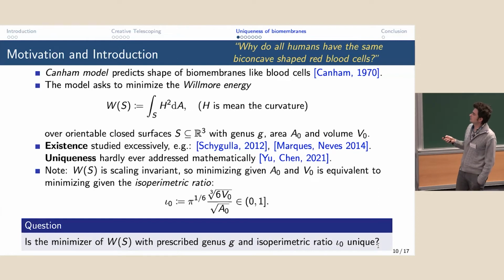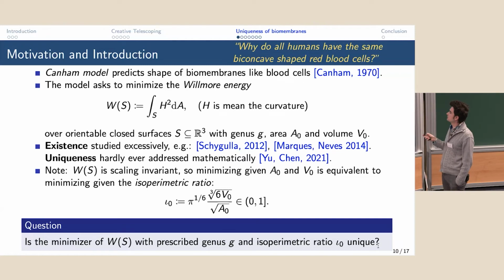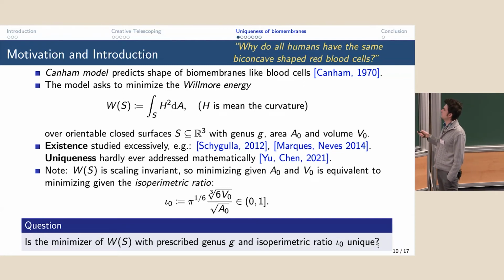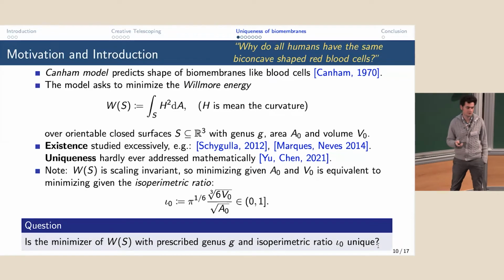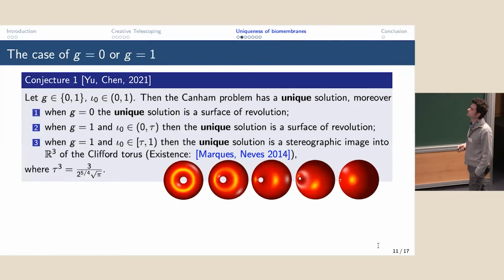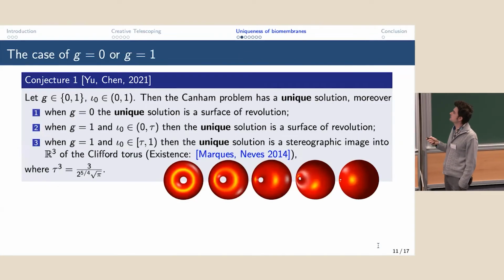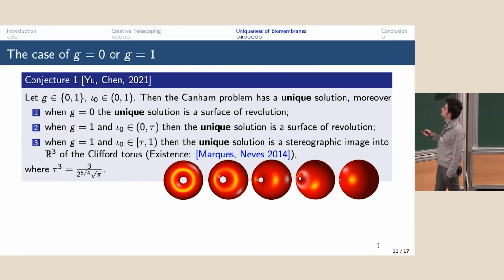Now regarding uniqueness, there was this question: for which genus g and isoperimetric ratio is the minimizer unique, so the surface unique, so to say. And this was formulated in this conjecture very recently, which I find very nice. For the genus 0 and genus 1 case and the isoperimetric ratio in this interval, we have a unique solution, it's a conjecture, if and only if the following.